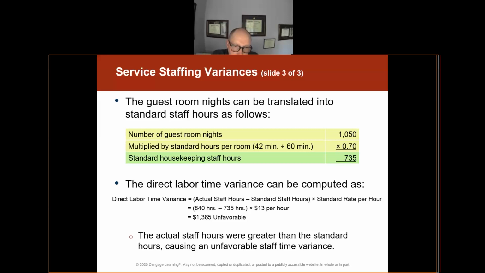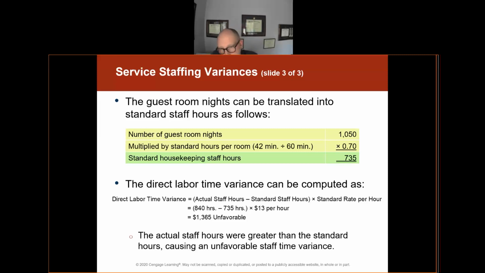And the standard housekeeping staff hours is 735. So if the standard is 735, actual or budget amount 840 hours minus the standard 735 times the hourly rate, $13 per hour. That's $1,365 of unfavorable time variance for housekeeping.